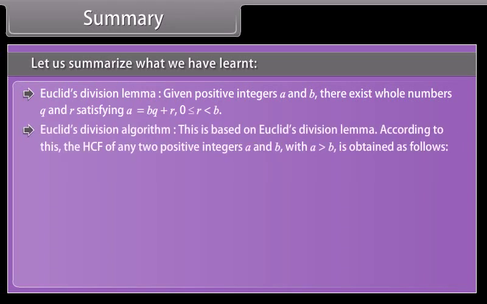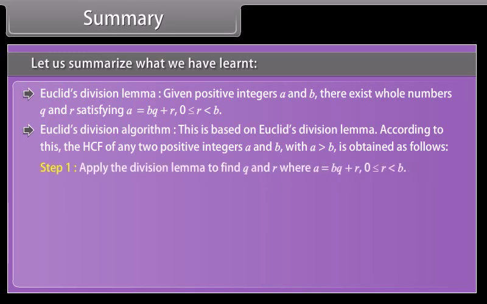This is based on Euclid's division lemma. According to this, the HCF of any two positive integers a and b, with a greater than b, is obtained as follows. 1. Apply the division lemma to find q and r, where a is equal to bq + r, 0 is smaller than or equal to r, which is smaller than b.